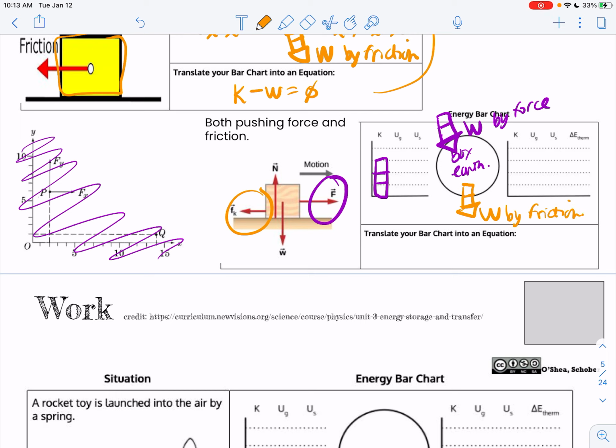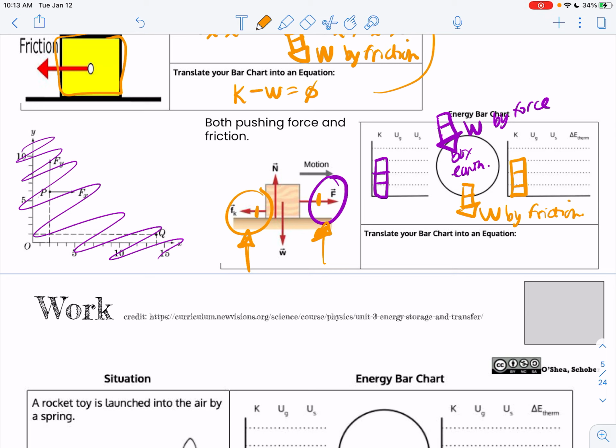Okay, so let's say that it's an even exchange, right? If these are even, then the net result would be my kinetic energy would stay the same, because whatever energy I'm gaining by pulling it, I'm losing because of friction.